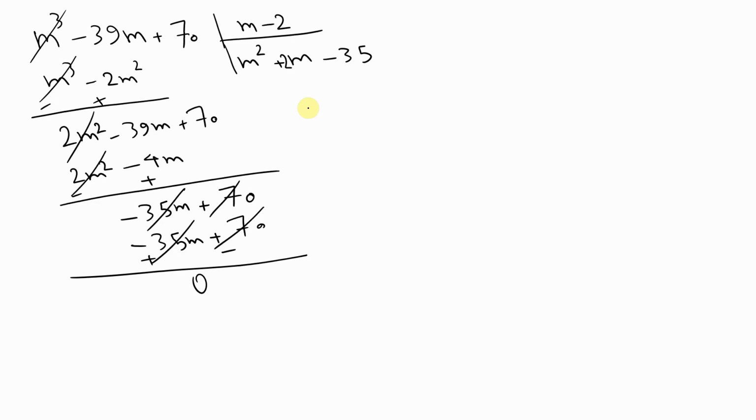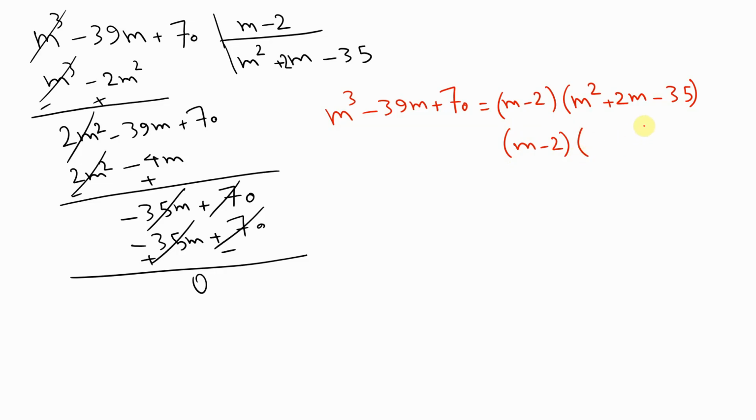So here we can rewrite this equation as m cubed minus 39m plus 70 equals m minus 2 times this quadratic equation, m squared plus 2m minus 35. Now you can calculate the roots of this equation using, for example, the delta method, but it's much more obvious than this. M minus 2 times, you're going to use two parentheses, write m.